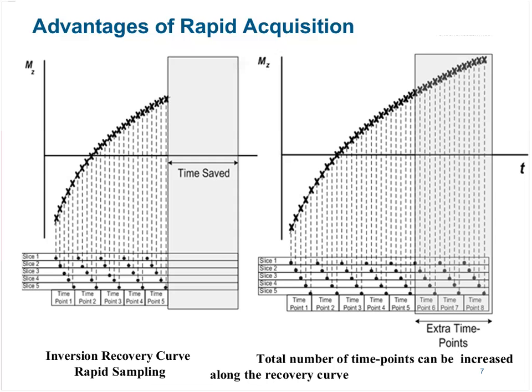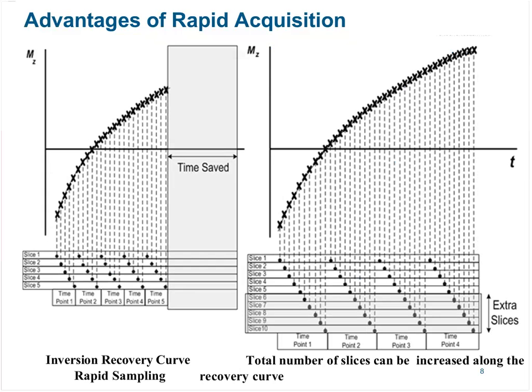You see that time points 6, 7, and 8 can be fitted in this saved time period. So later on when fitting is performed using the data points, it will give you more accuracy and precision in the data fitting.